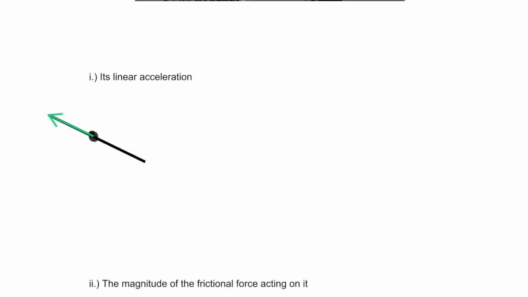But then we're going to split the mg force up into two. Part of mg is going to pull us down the ramp, and part of mg is going to pull us into the ramp.